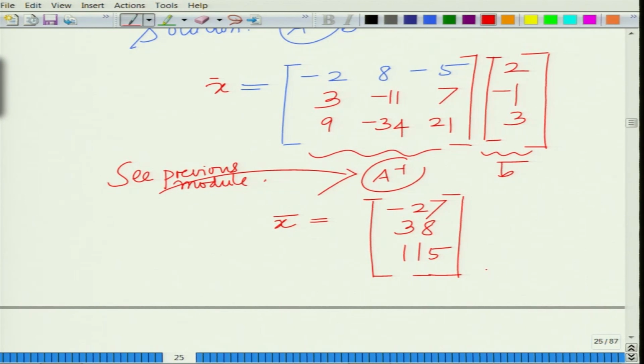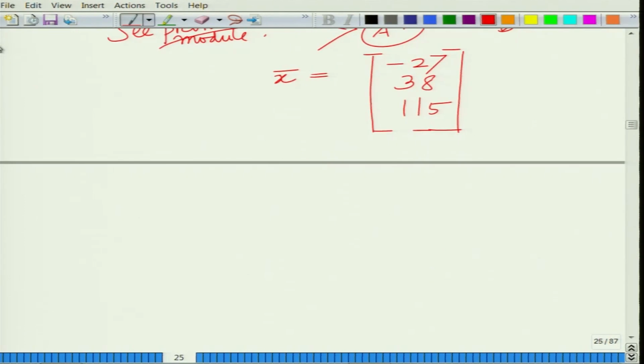This is the solution of this 3 cross 3 system of linear equations, which is A x bar equal to b bar, 3 equations, 3 unknowns, matrix A. We have seen it is invertible, we have evaluated its inverse, the solution can be computed using A inverse b bar, and that is what we have evaluated.